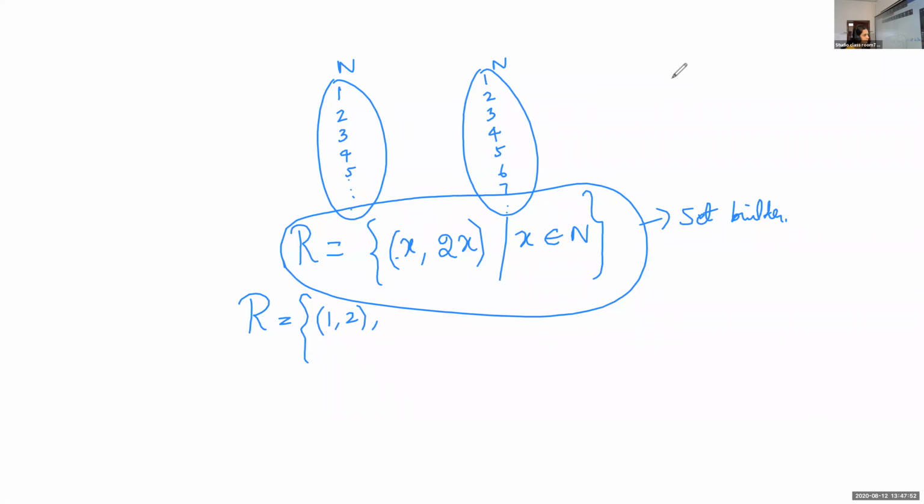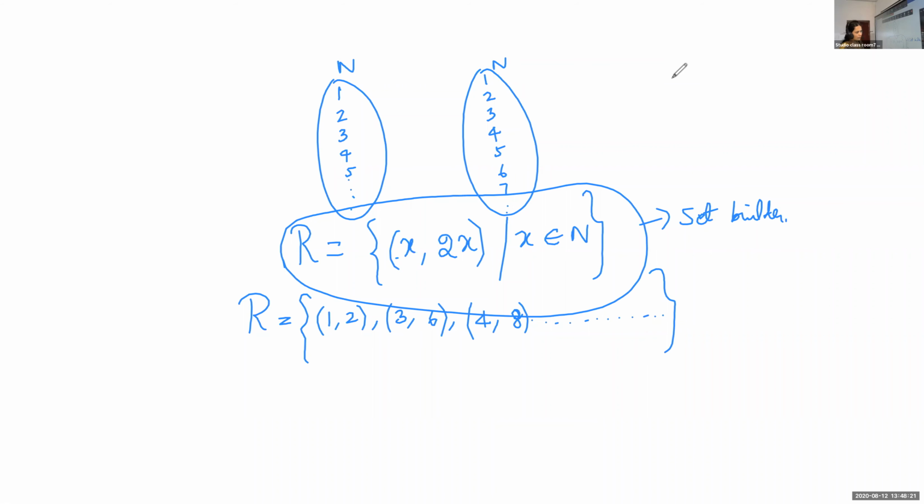Now take the next one. 3. Suppose I take 6, 3. Then 6, yes, correct. Then 4, 8. Okay, like that we can write. It goes on endless because you are taking the elements from N. N is an infinite set.